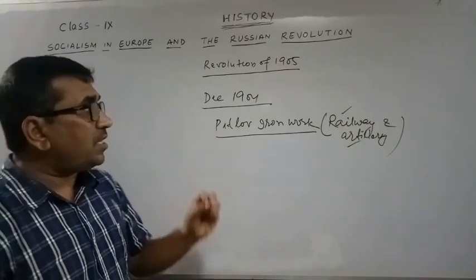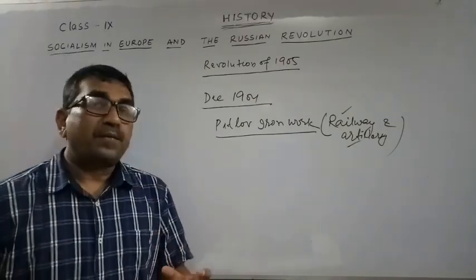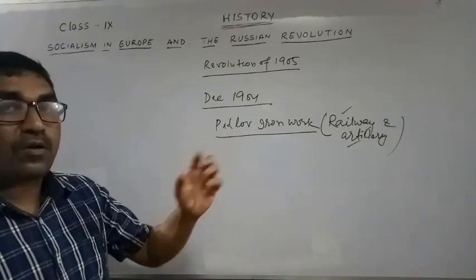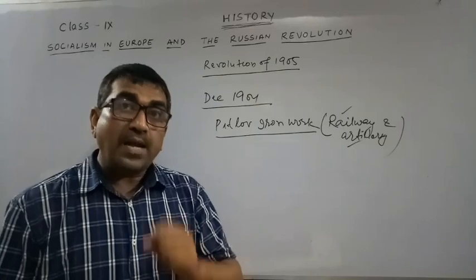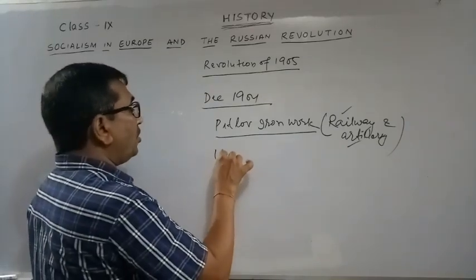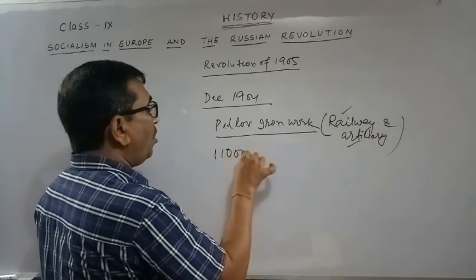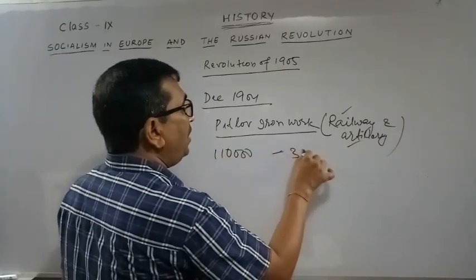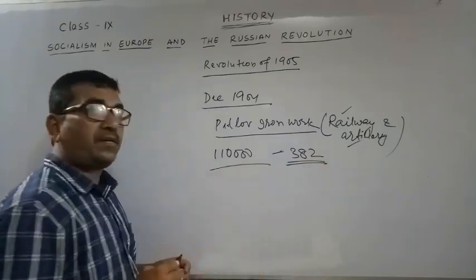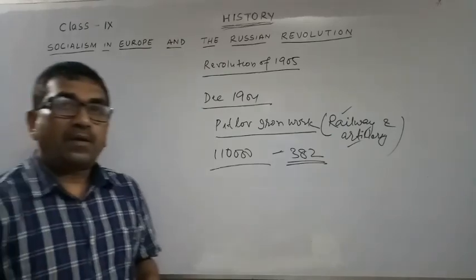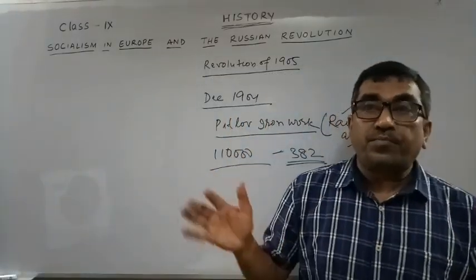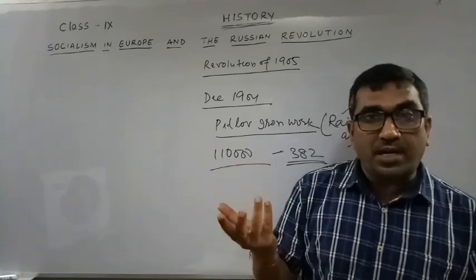And when these 4 people were dismissed, all workers of the Putilov Iron Works went on strike. And in their support, 1,10,000 people from 382 factories went on strike. Industrial workers had strikes.